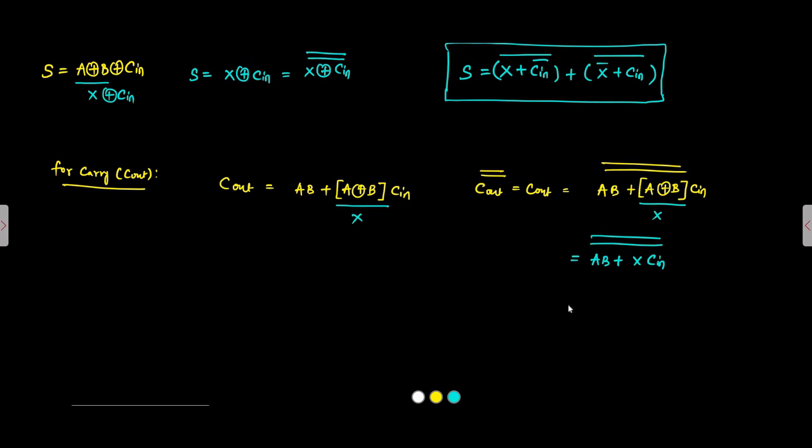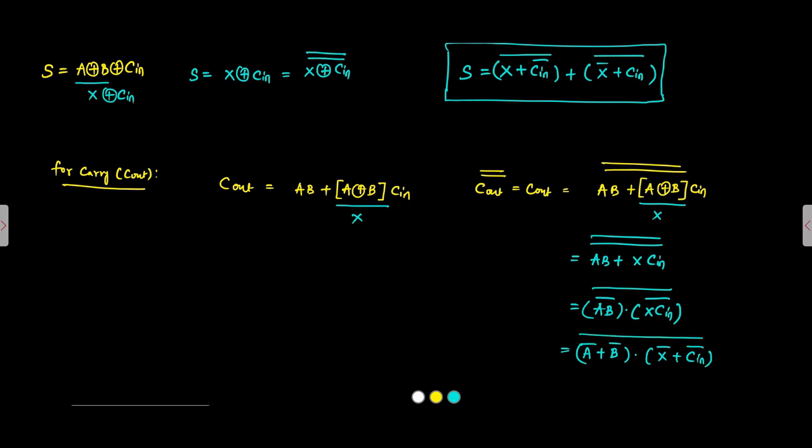So now we can apply again De Morgan's theorem to it, and we'll get (AB complement and X Cn complement) whole complement. Now again we can apply De Morgan's theorem to this and the entire thing. So it will be (A bar or B bar) and (X bar or Cn bar), then whole complement.